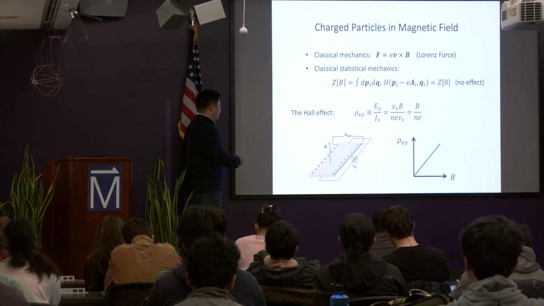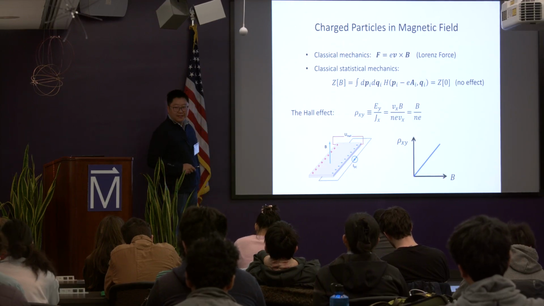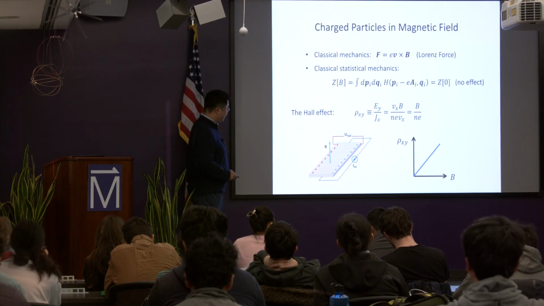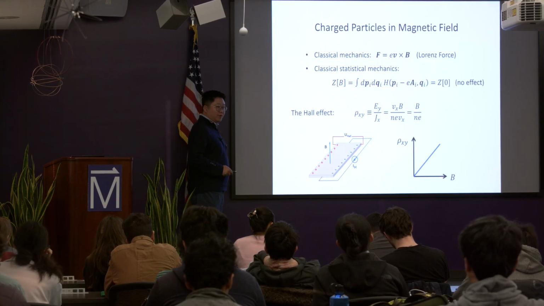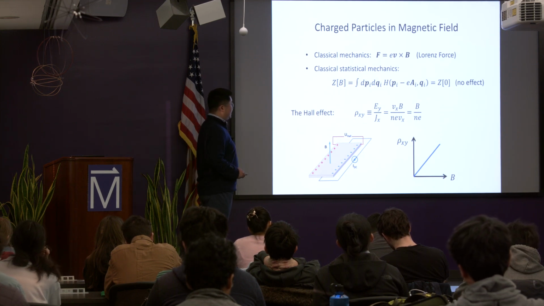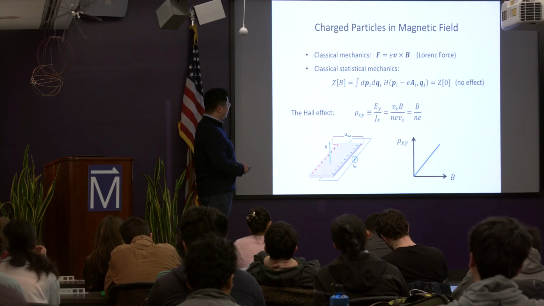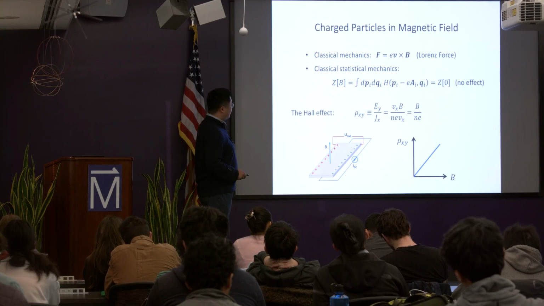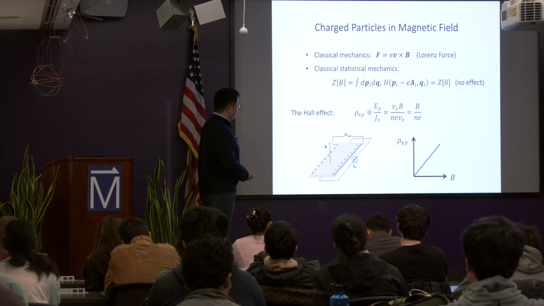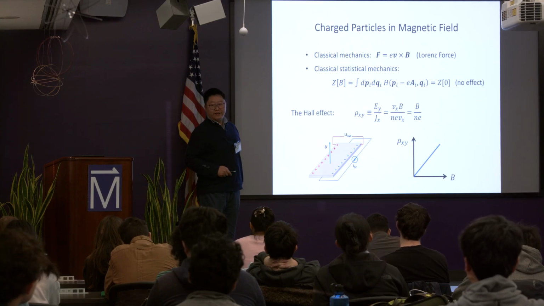But then Hall did this experiment, and he found what is now known as the Hall effect: if you pass a current through a conductor in a perpendicular magnetic field, there's a transverse voltage. So there's a Hall resistance. And the Hall resistance is what you expect from the Lorentz force. Basically, the balance between the Lorentz force and the transverse voltage keeps electrons moving straight.